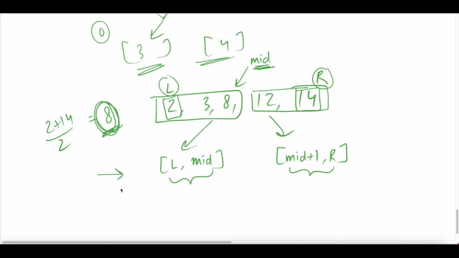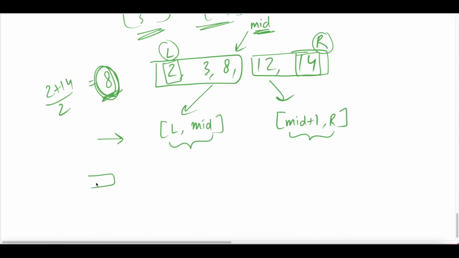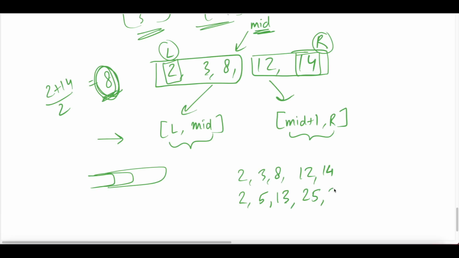For that, what you can do is store prefix sums of your array, which means that if this is 2, 3, 8, 12, and 14, you can store the prefix sum, which is nothing but 2, then 2 plus 3 is 5, then 8 plus 5 is 13, then 12 plus 13 is 25, and then 25 plus 14 is 39. Now, if you want the subarray sum of something like 3 to 12, all I can do is a subtraction of 25 with 2.